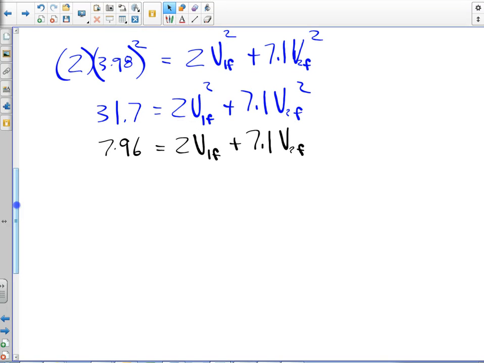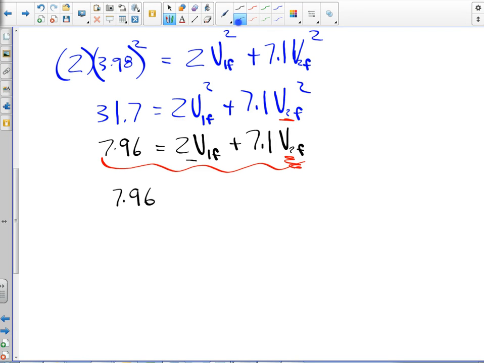What I'm going to do is solve the momentum equation. Since it doesn't have any squareds in it, I'm going to solve it for v2 final, and then plug that expression in here for v2 final. So let's go ahead and do that. We're going to go 7.96, subtract the 2 v1 final from both sides, and we're going to divide everything by 7.1.